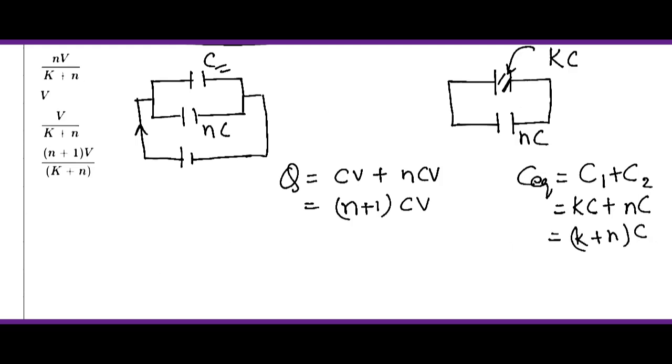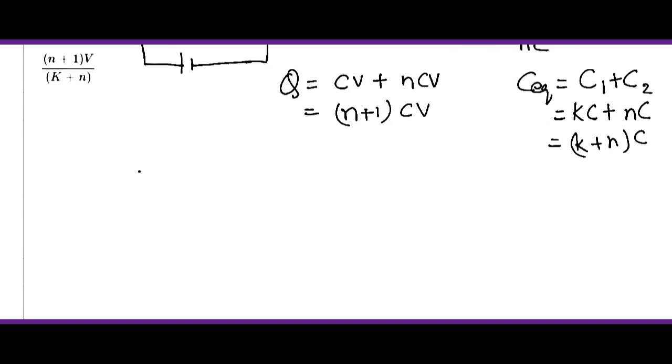So how can we find the voltage? We can find the voltage using the equation V equal to Q by C. Here the new potential difference is V dash and C is C equivalent.